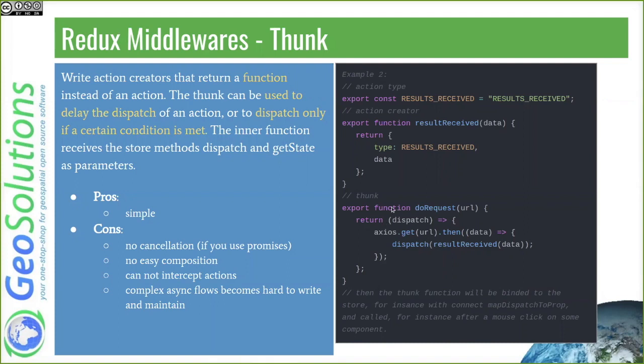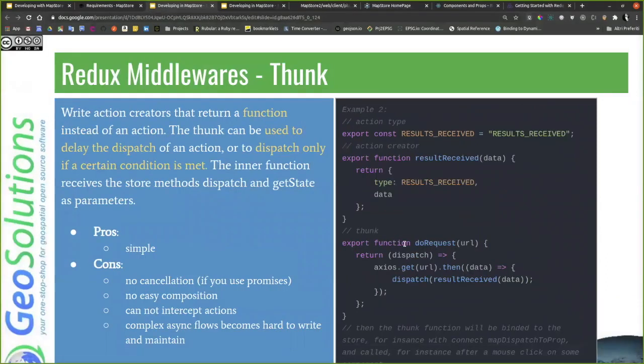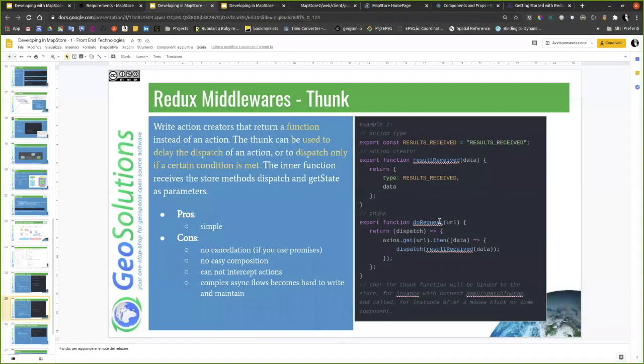You can anyway do something to work around these limitations. I explained only the simpler way, but there is another argument here, that is the state, a function called getState.